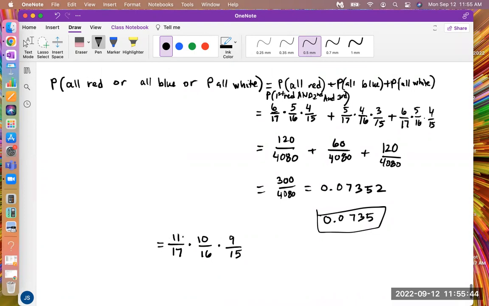And so we just multiply the numbers in the numerator, 11 times 10 times 9, and let's do them correctly this time. Let's do 11 times 10 times 9. That's 990.